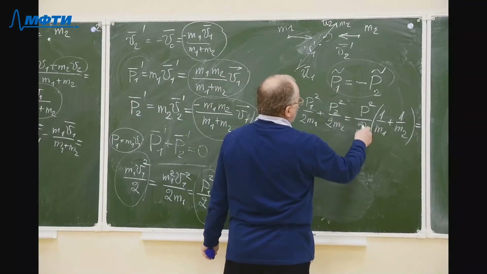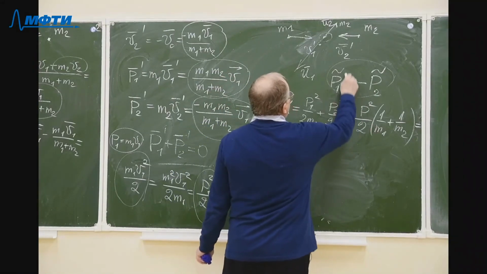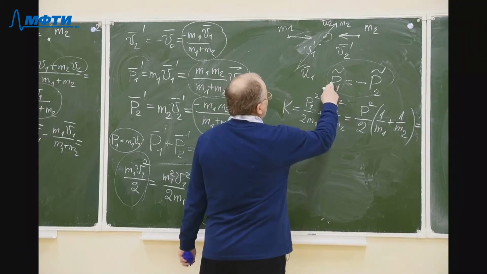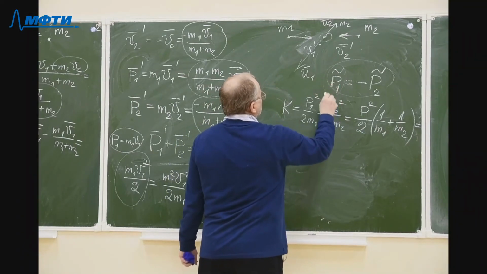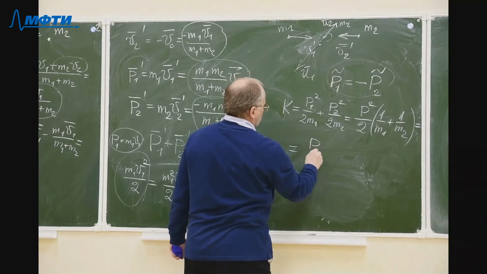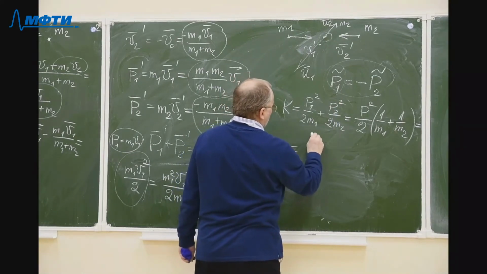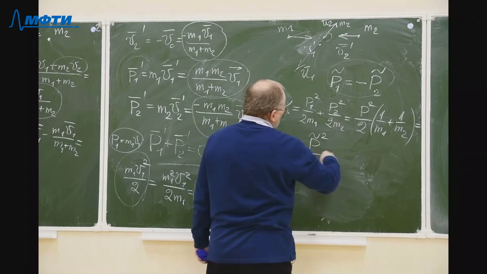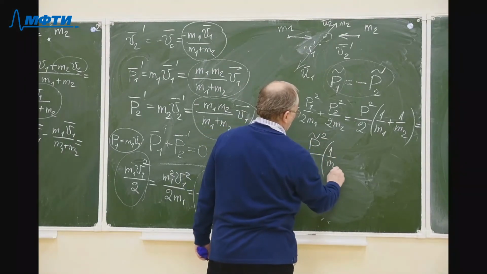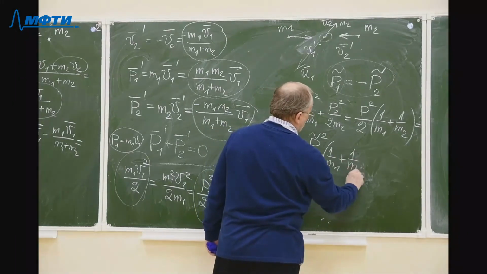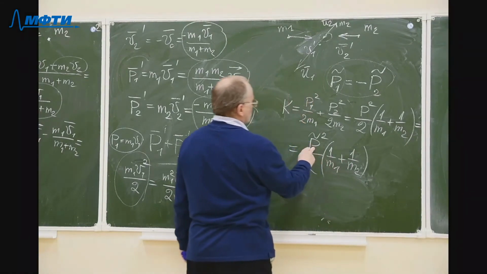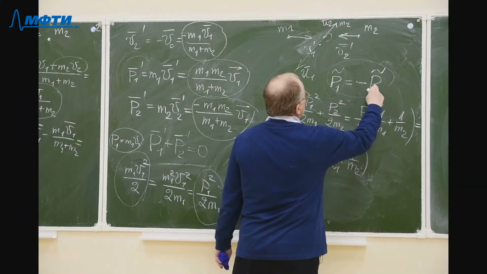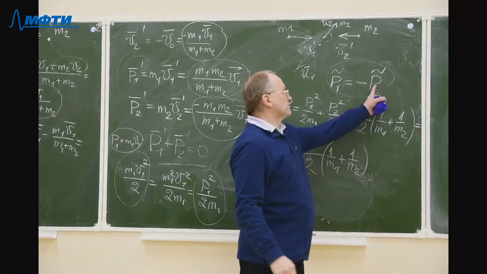Again, I will use the notation of kinetic energy using the momentum. So that will be p tilde squared over 2, and the same logic, 1 over m1 plus 1 over m2, because the momentum of the first particle equals in magnitude the momentum of the second particle.